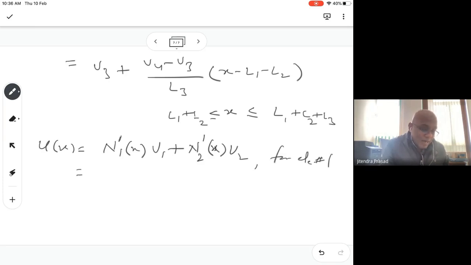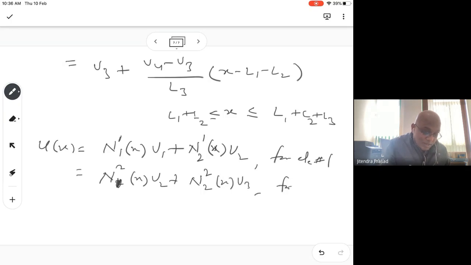As long as x is within element number 1, you have this one, or else it will be N1(x) u2 plus N2(x) u3 for element number 2.